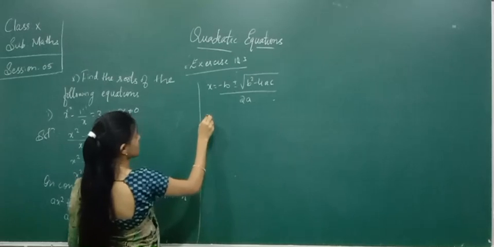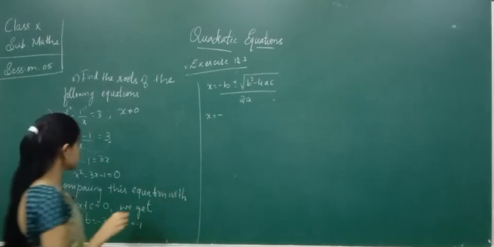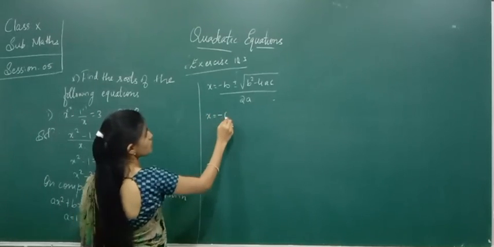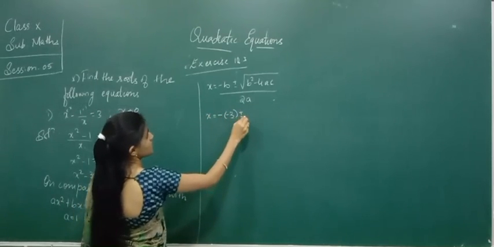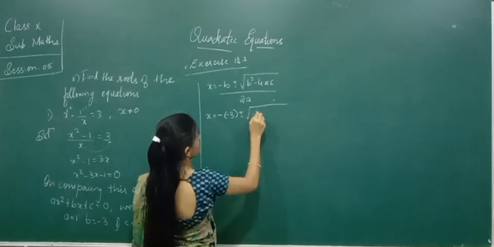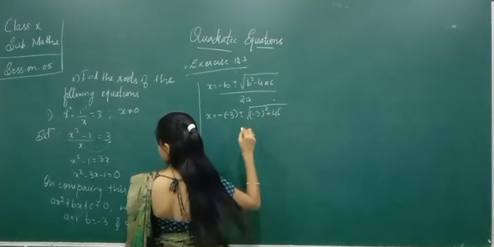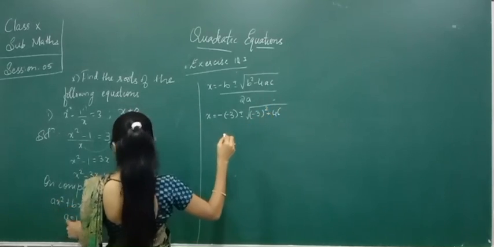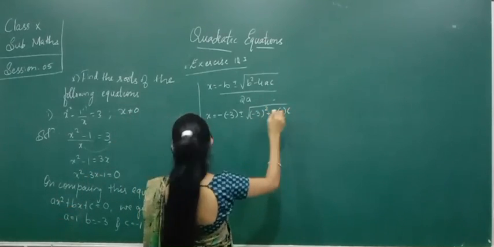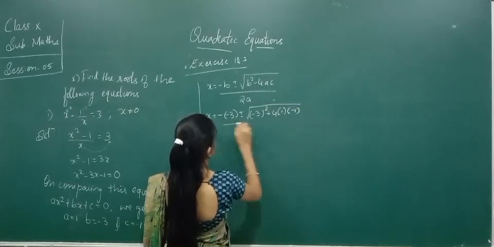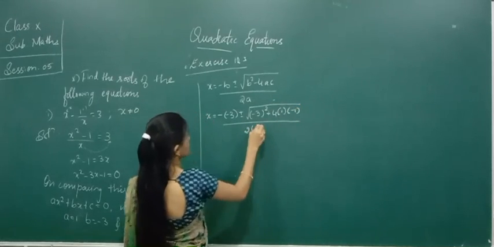How will you write that? x is equal to minus, what is b? b is minus 3. Minus of minus 3 plus or minus root of minus 3 square minus 4 into what is a? a is 1. And what about c? c is minus 1. So divided by 2 into 1.